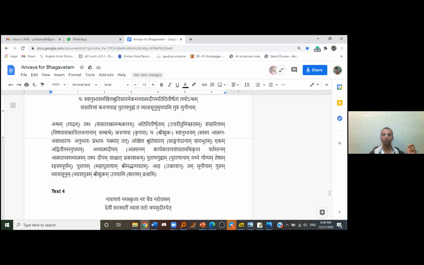Atititirshatam means uttaritum ichatam: those who desire to cross over the dense darkness of this sansara.